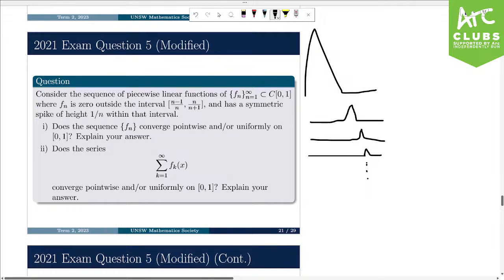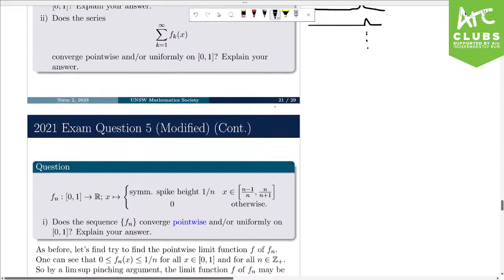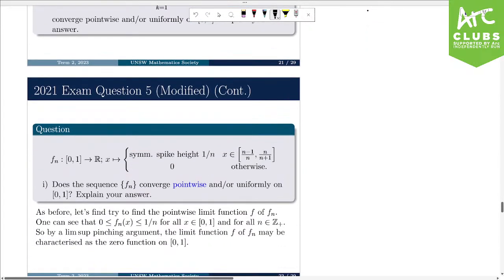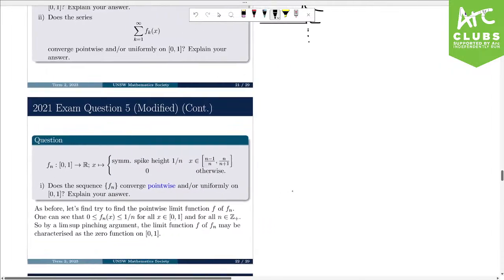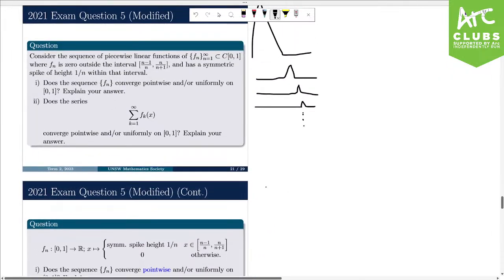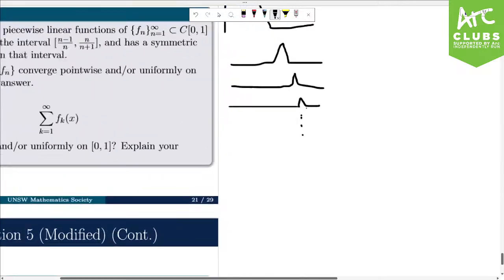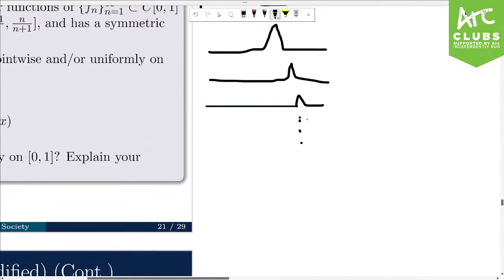So pointwise, we can guess that this should converge to 0. So here we can basically push this spike as far to the right as we want, and then for any point we can show that eventually that becomes 0.